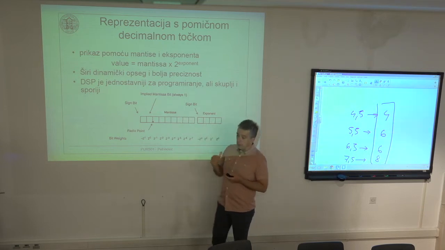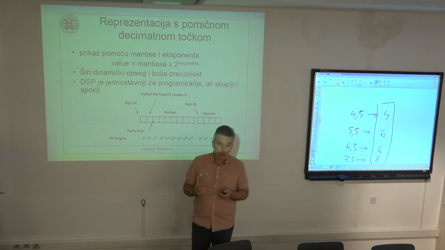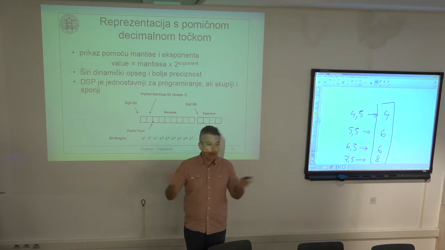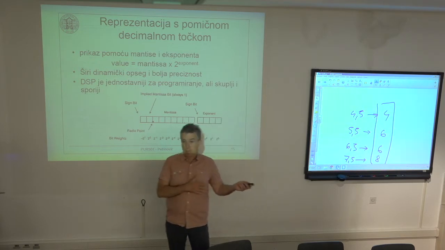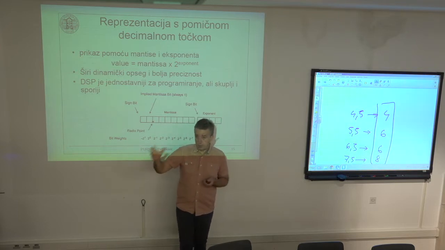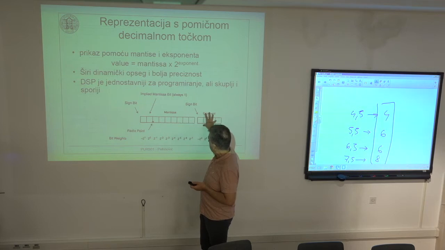Of course, the main advantage of this floating point representation is that I have much higher dynamic range. The numbers can be in a much higher range, from the largest negative to the largest positive value, because the range is determined by the exponent and by the width of this exponent word.